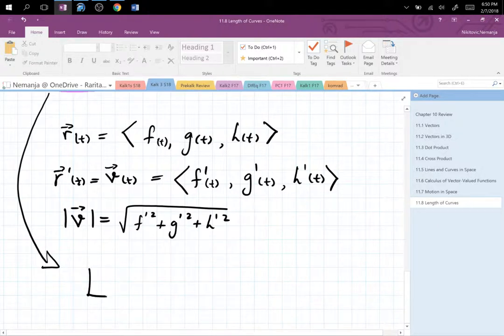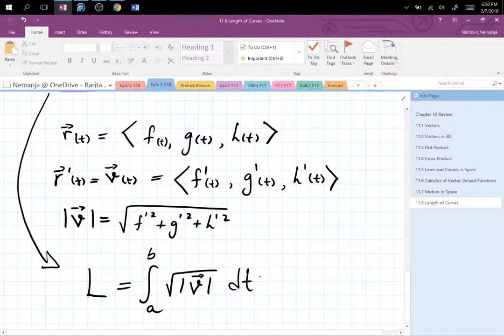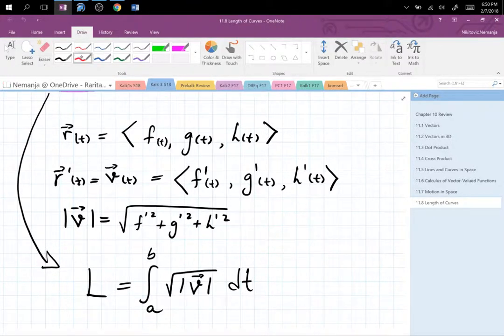Rewrite the formula as length of the curve is the integral from a to b of the magnitude of vector v dt. This is just the other form of the same formula.